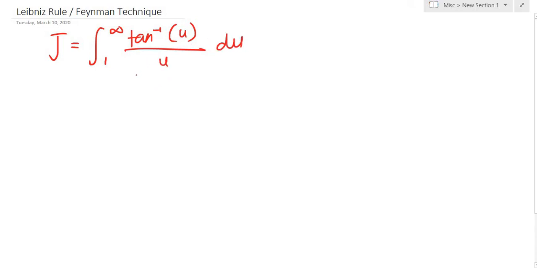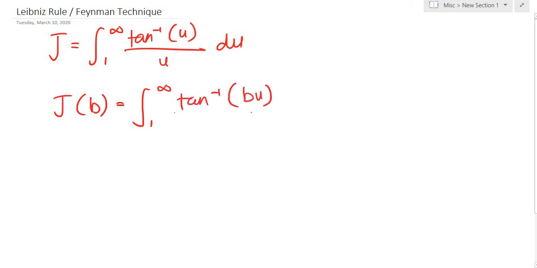And the way we proceed with our Feynman technique is you parameterize this thing. Say j of b is equal to the integral from 1 to infinity of the inverse tangent of, instead of just u, b times u over u du.